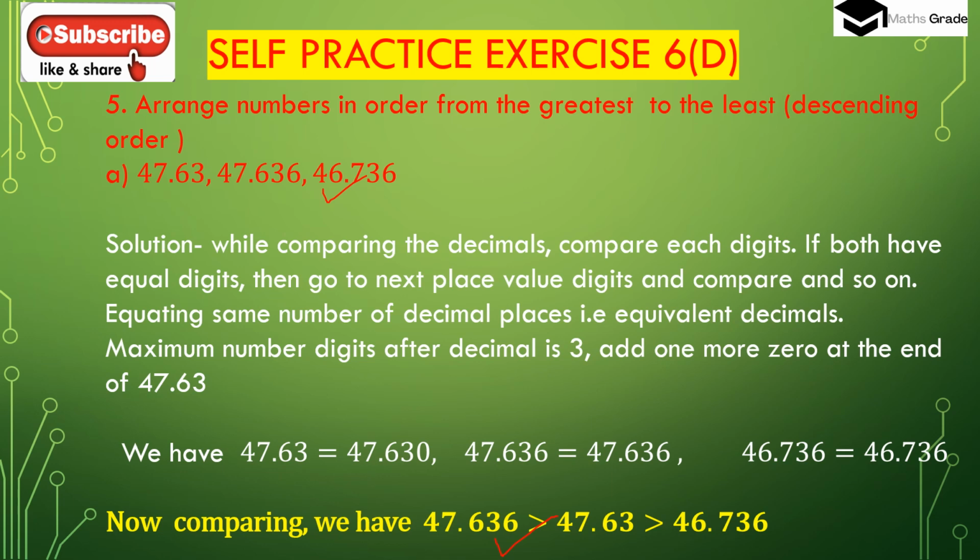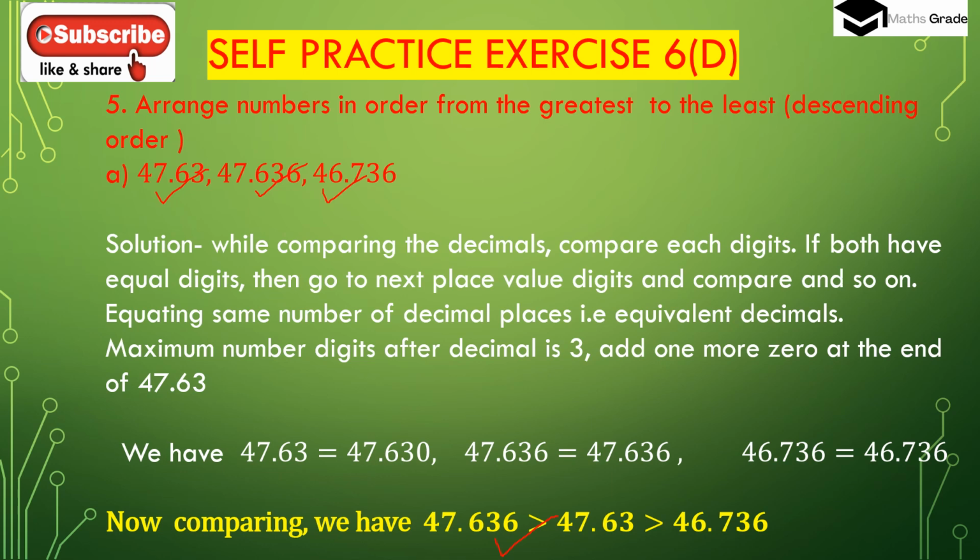So we have to compare 47.63 and 47.636. Between these two decimals, 47 and 47 are both equal. Then we have to go to the fractional part. After the decimal, 6 3 is there, and in 47.636 also 6 3 are there.